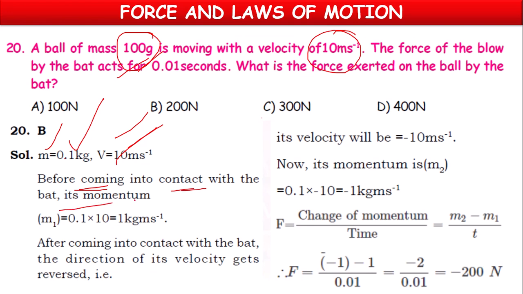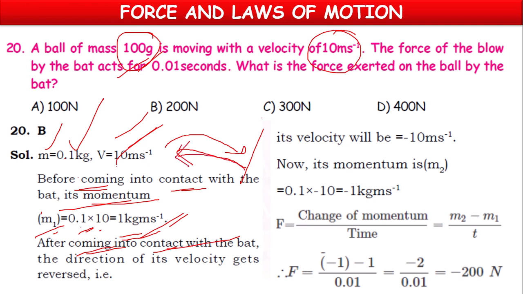Before hitting the bat, its initial momentum is mass into velocity, 0.1 into 10, 1 kg meter per second. After hitting the bat, the ball reverses its direction and goes back in the opposite direction.